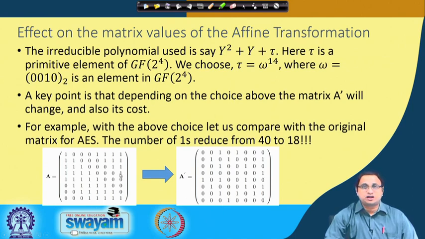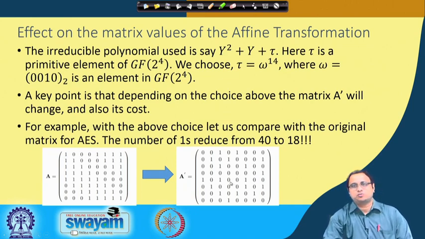So, you can observe that the number of ones in the original matrix A is significantly large compared to the number of ones in A dash. It is an interesting choice, because in this case the number of ones is around 40 and here it is around 18. So, the number of gates or the number of XORs which you will require to implement this transformation would be much less when you are doing the operation in the composite fields.